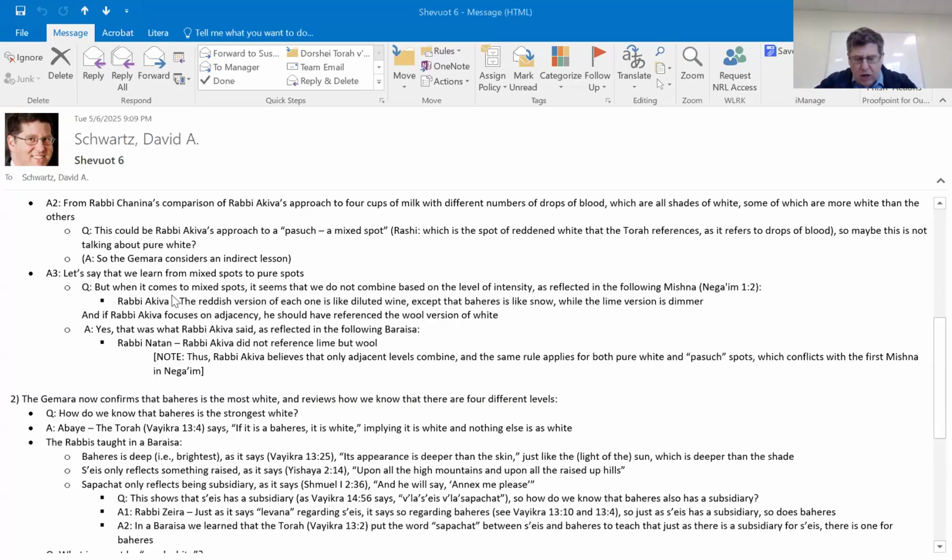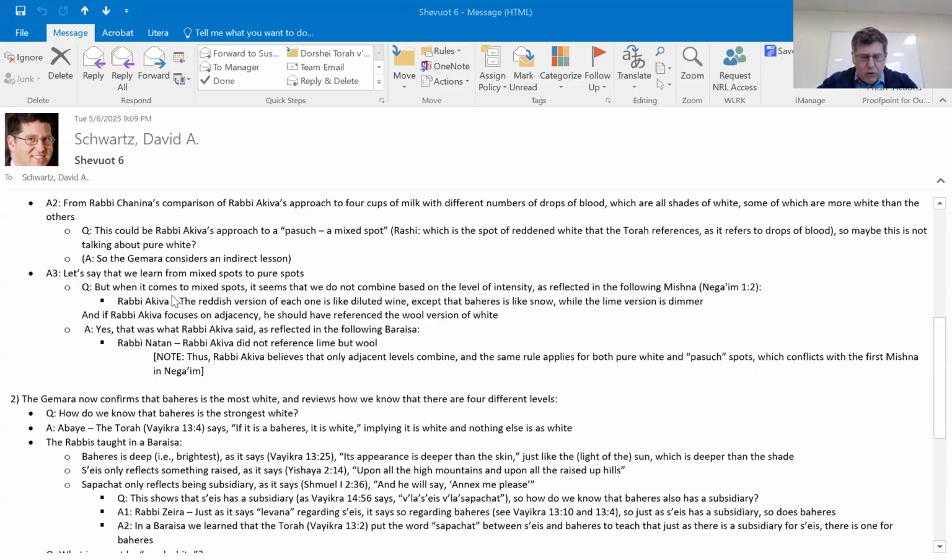So Amar Rebbe Zera, nemra levana v'Seis, v'nemra levana Baharis. You can do some kind of gzera shava, because the word levana, white, appears both in connection with Seis, in chapter 13, pasuk 10, and with Baheres, chapter 13, pasuk 4.